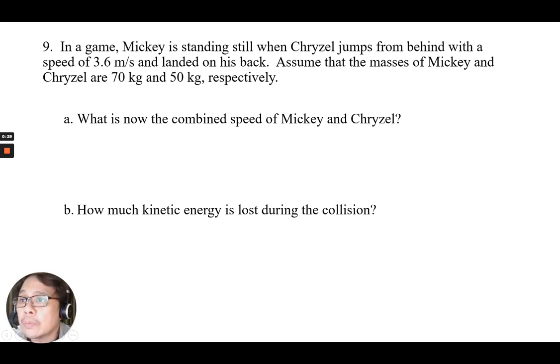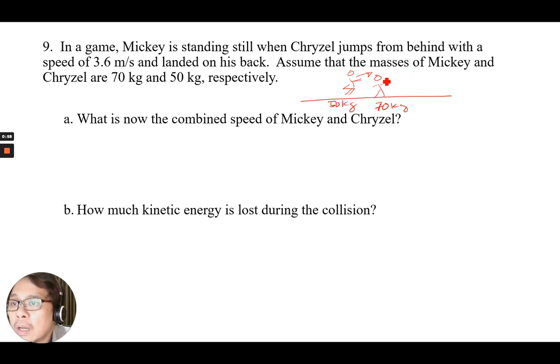Okay, so we illustrate this. This is Mikey standing still, and then this is Crizel, jumping. So the mass of Mikey would be 70 kilograms and Crizel would be 50 kilograms.